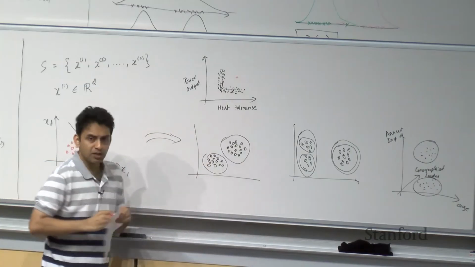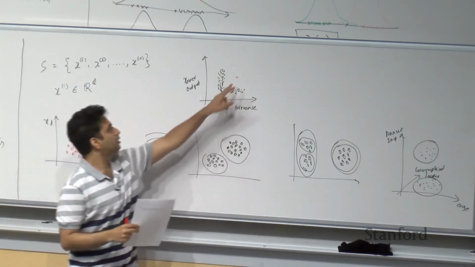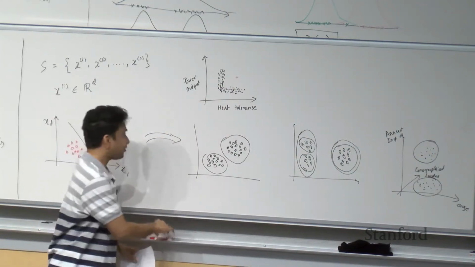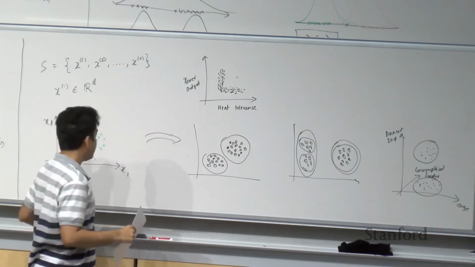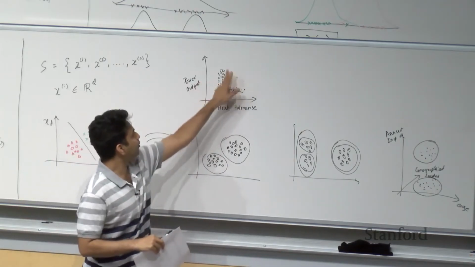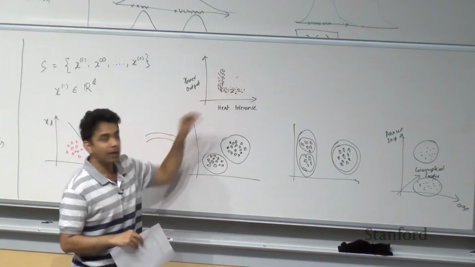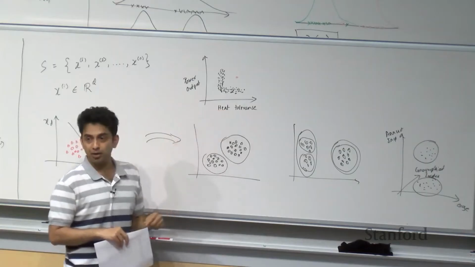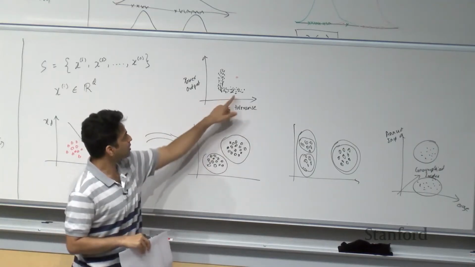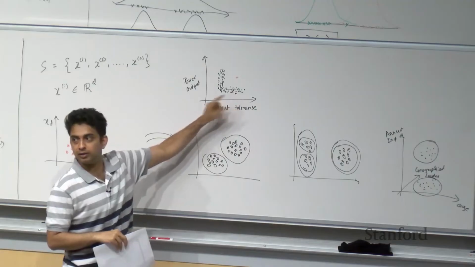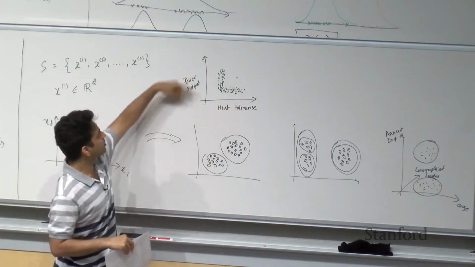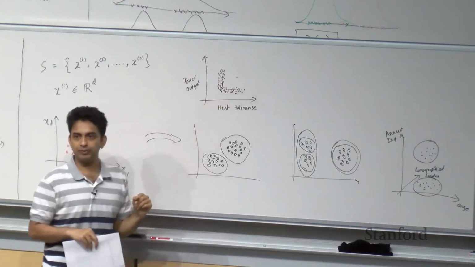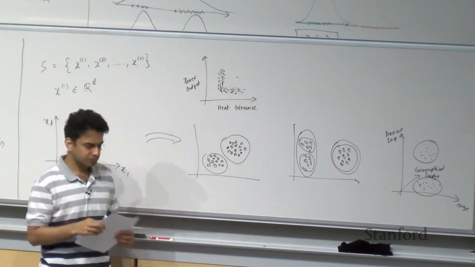We want to identify that this point over here is faulty, and at first it might appear, even though this looks visually away from this heat map, if you were to look at any one of the axes alone, it looks pretty normal, right? Just from the heat tolerance point of view, it's close to the mean, and if you just look at the power output, it's also near the mean. But it's this combination that makes it an anomalous example, right?